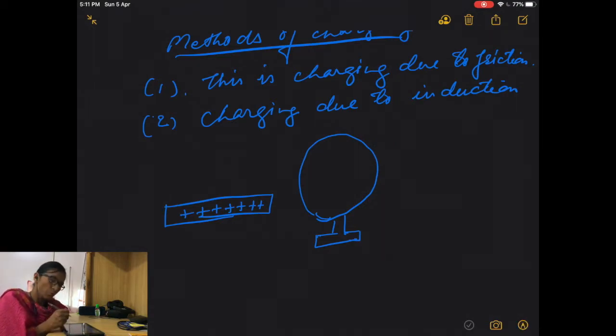Unlike charges will be attracted to the closer surface, and like charges will be repelled to the farther surface. We can see that there is a redistribution of charge, and this redistribution is termed induction of charges.